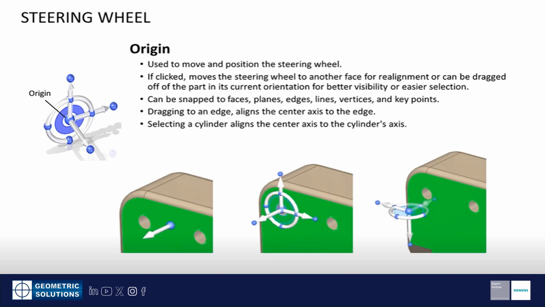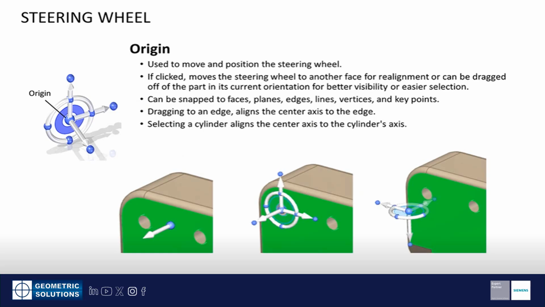The origin of the steering wheel. No matter which feature of the steering wheel is present, there is always going to be an origin. The origin will appear as the largest circle on the tool and is going to be your primary point of control when moving your steering wheel around your part, assembly, or features.